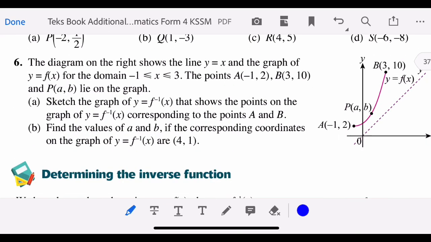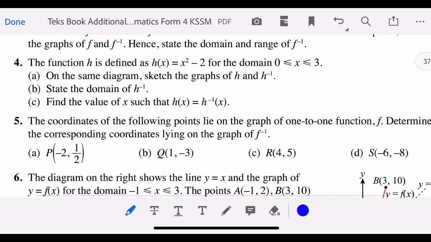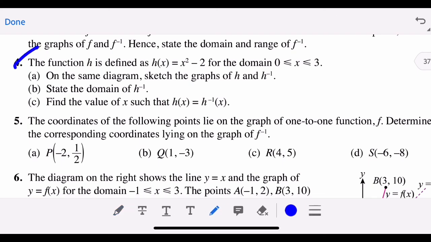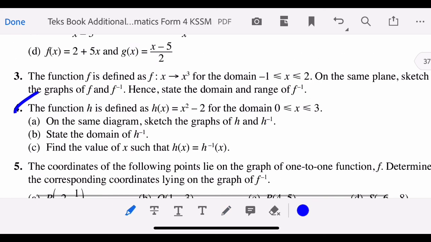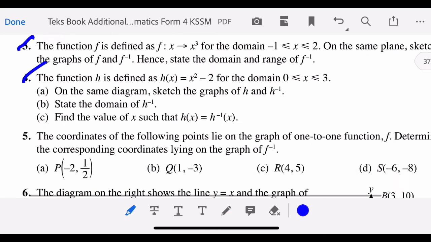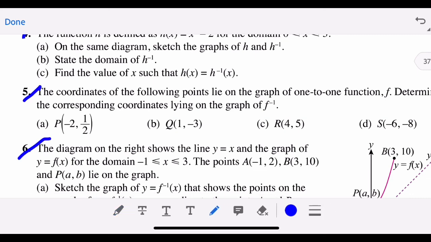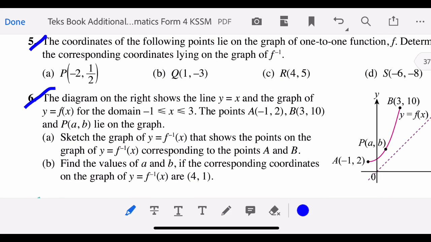Maybe a question like this, which is a bit challenging for you, question number 4. A question like this is also a bit challenging. And then this one maybe we discuss in my next video. So please do all the exercises that I discussed in the exercise book.